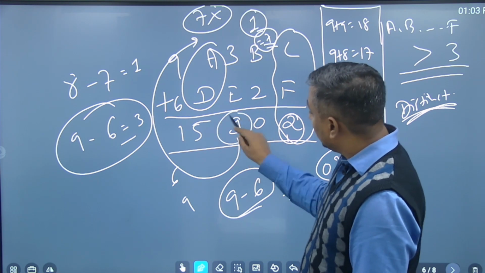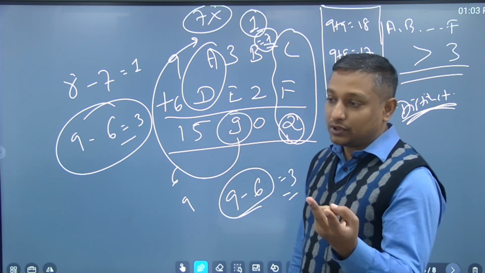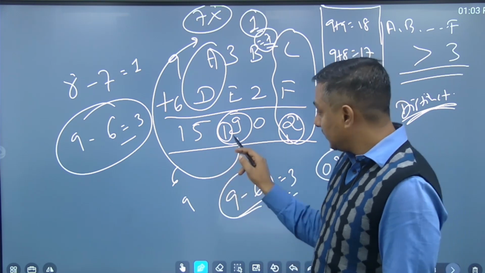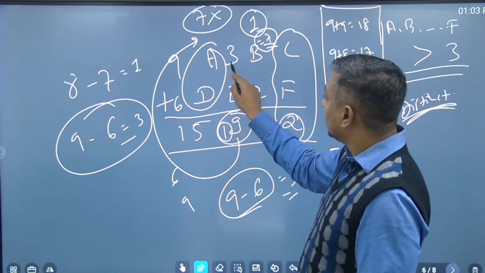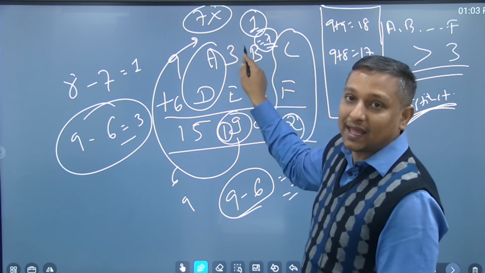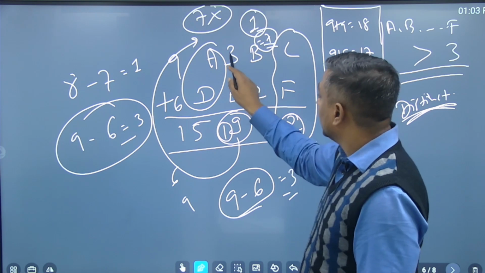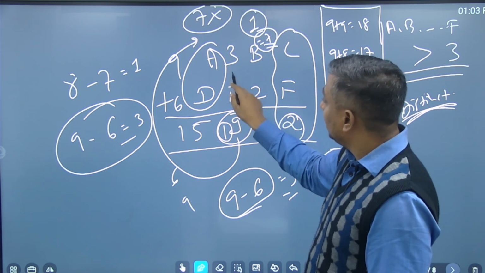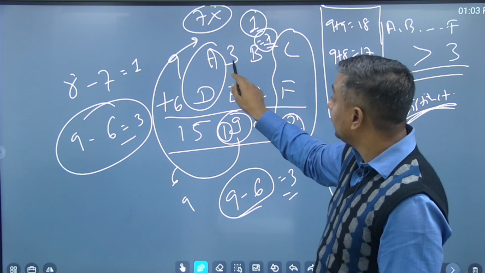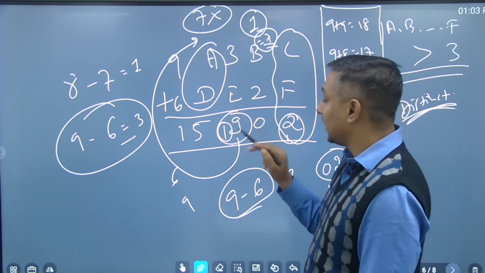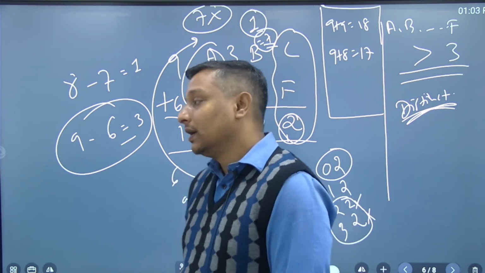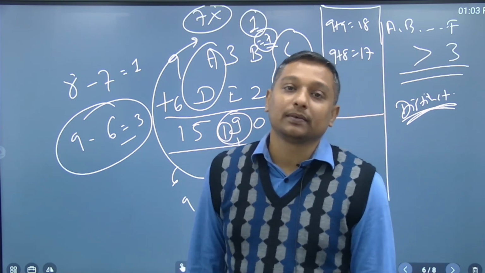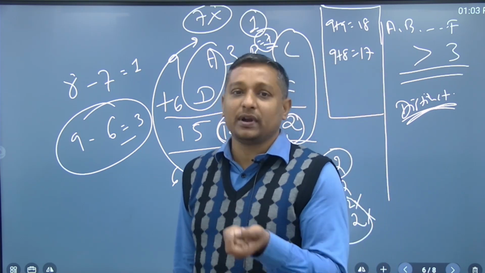To make it a 2 digit number, my carry should be 1. I am not talking about 29 or 39, but if it is going to be 1, then this 3 was supposed to be, sir, there can be a carry from this side also, don't worry about it. Even if a carry comes from here, of course it is going to come, then only one value gets exceeded, which is 4. So now 4 is to be added to at least 15 to make this 19. E is a single digit number, right? So there is no such possibility. But yes, in the classroom I do appreciate such arguments. Even by these arguments you may learn.